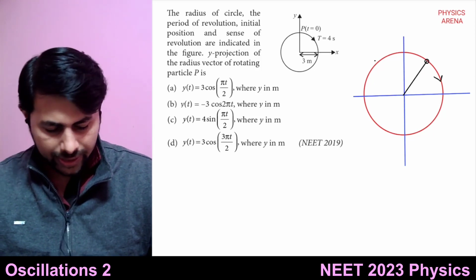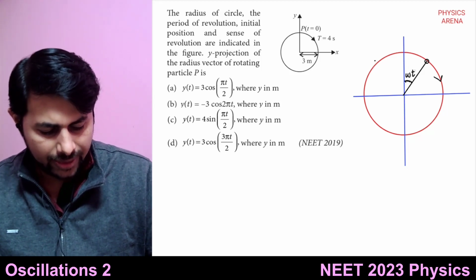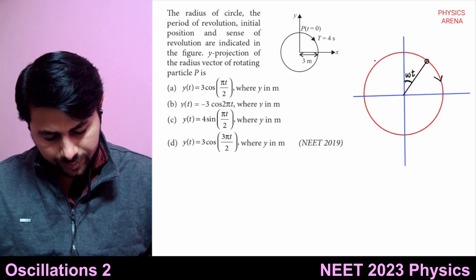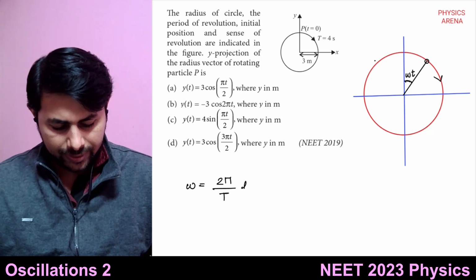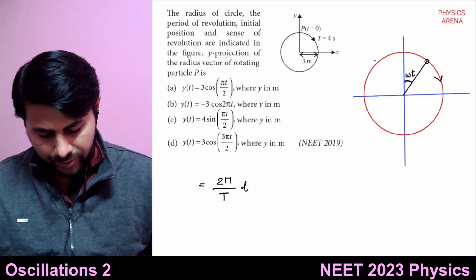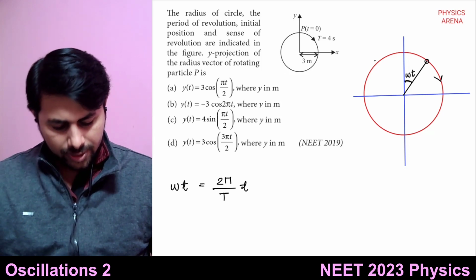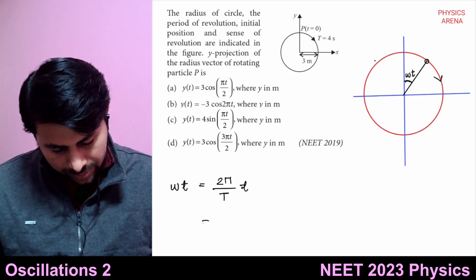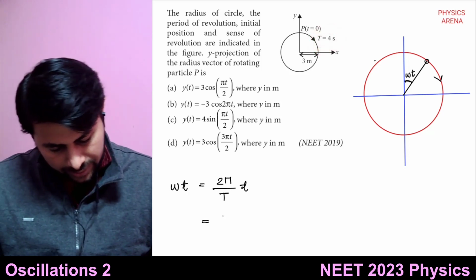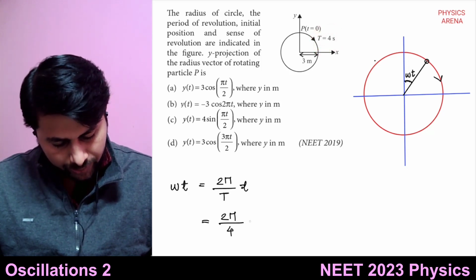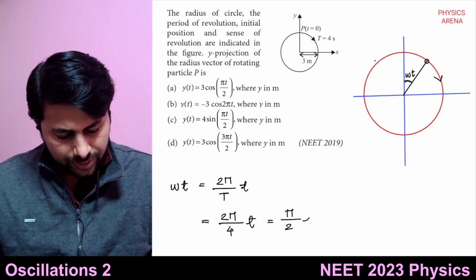in clockwise sense. So this much angle will be omega t. What will be omega? Omega is equal to 2 pi upon capital T. So omega t we want is 2 pi upon T, which is 2 pi upon 4 seconds, 2 pi by 4 multiplied by t, or you can say it's pi by 2 times t.